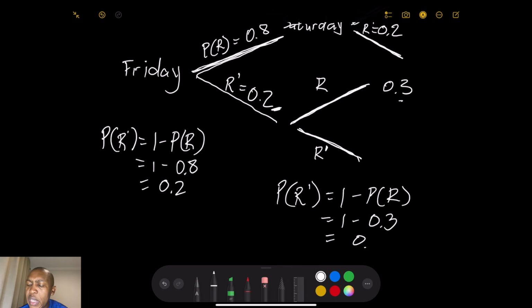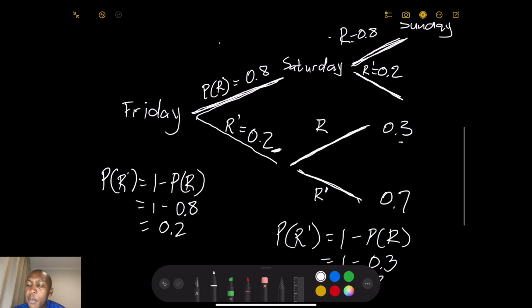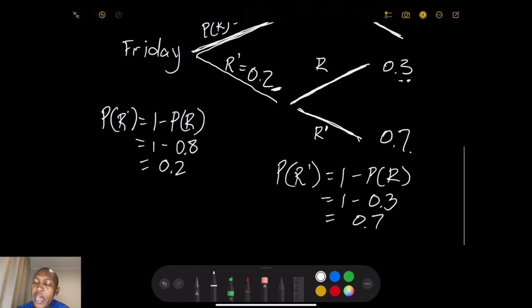I hope I'm making sense with this. And that would give us 0.7. So this is what our tree diagram looks like. Now, please keep in mind, this represents Sunday. These probabilities represent both Saturday and Sunday.